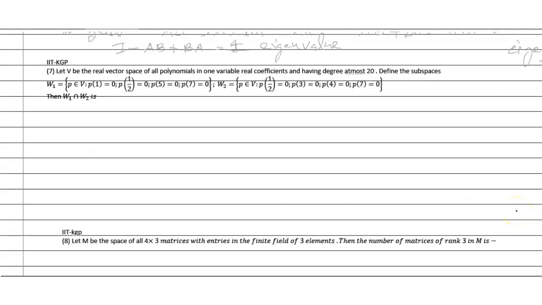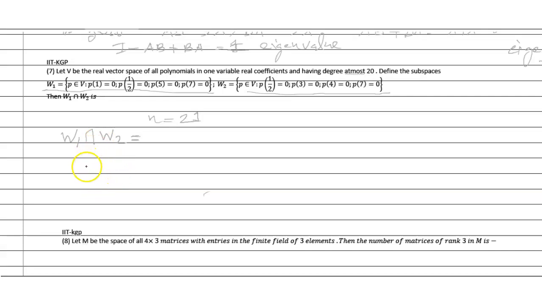Another problem is W1 equals P belongs to V, and P1 by 2 and P1 by 2. This is my total. So the dimension equals 21, at most 21, and W1 intersection W2. So friends, whatever we get, W1 equals W2.